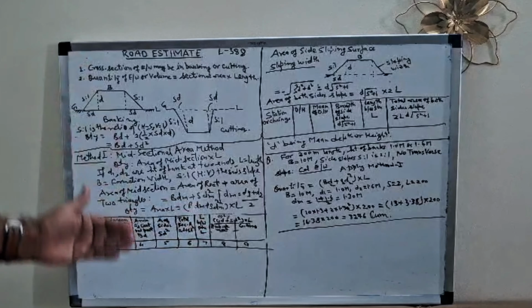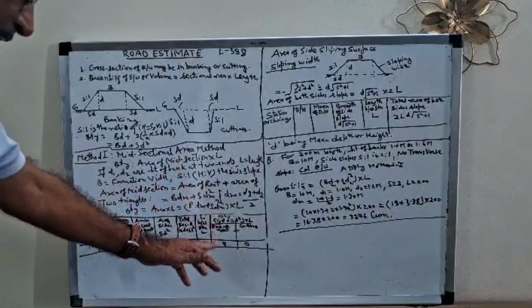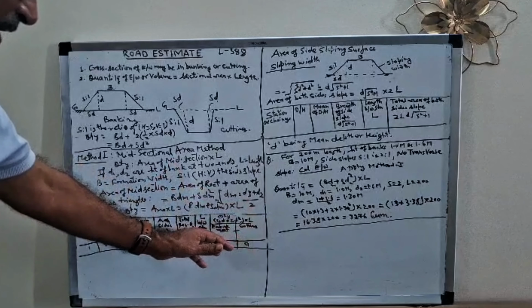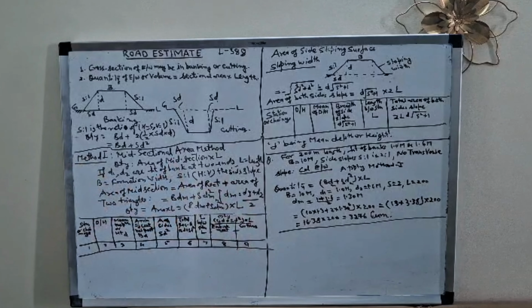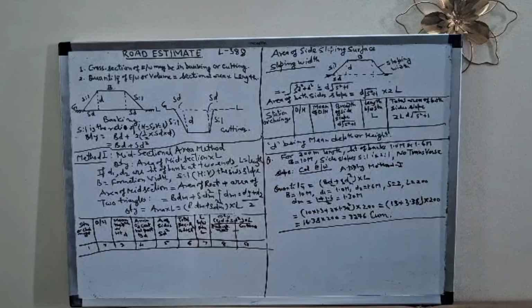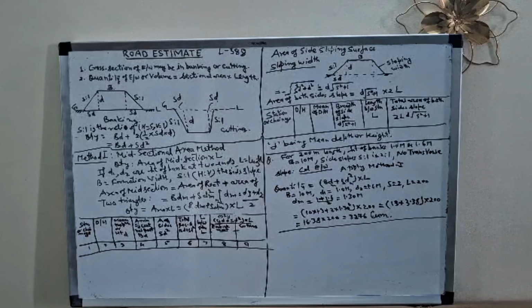In tabulation form it is either embankment or cutting; cutting will be negative, embankment positive. Finally you can calculate the earthwork, whether you have to fill or cut.